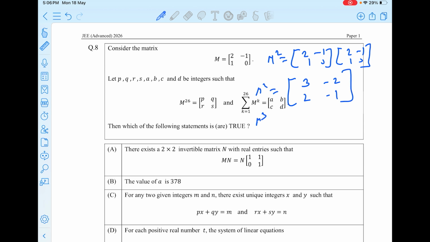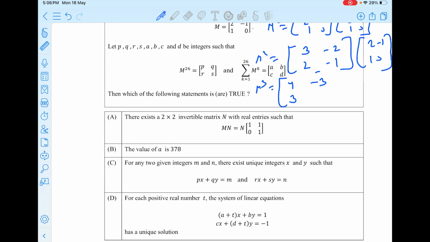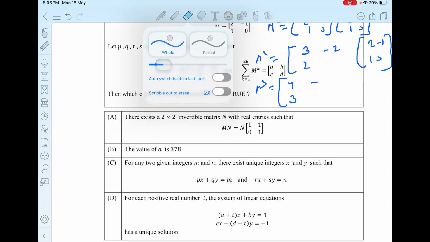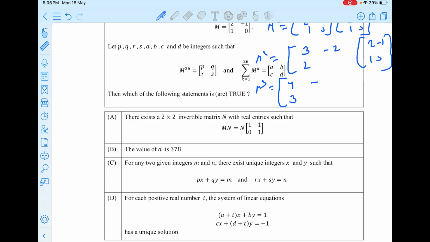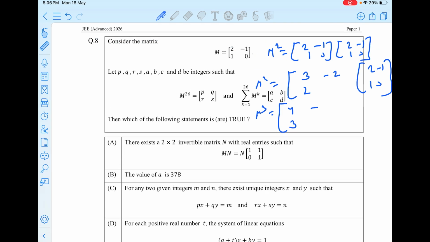What is M cube? For M cube, again multiply by [[2, -1], [1, 0]]. So I will get [[4, -3], [3, -2]].